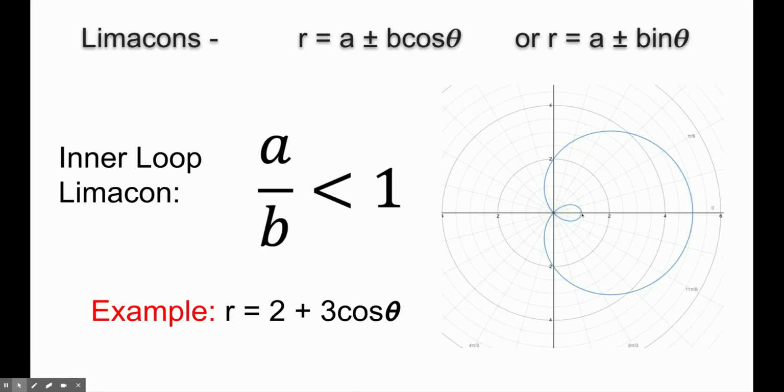So this point right here is the point pi comma negative 1, or negative 1 comma pi, r theta. So as we go around, when are you going to get 0? Well, you're going to get 0 wherever 3 cosine of theta is equal to negative 2, which is possible. Okay? So as we go around, we have a little bit of fun. We do our thing.